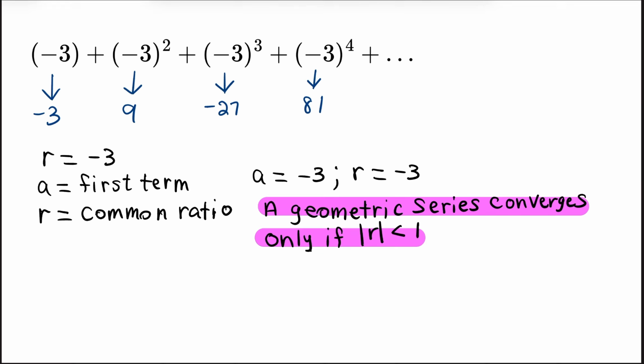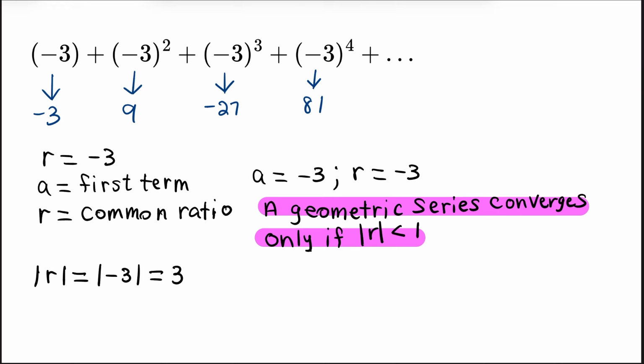So let's go ahead and apply the rules step by step then. So we have the absolute value of R, which equals the absolute value of -3. The absolute value of -3 equals 3. So the absolute value of our ratio is 3.